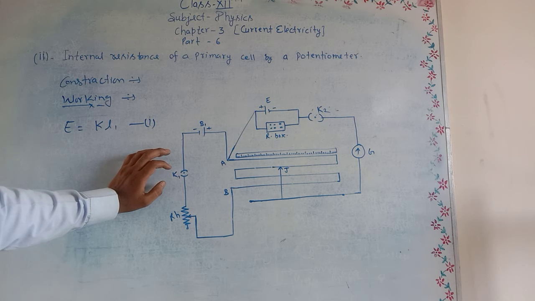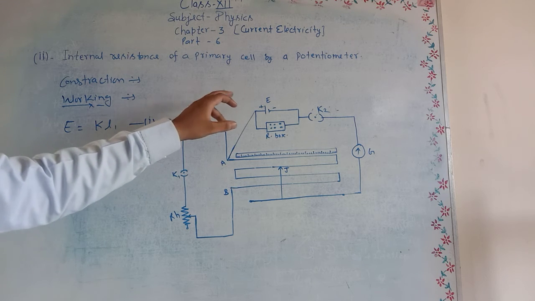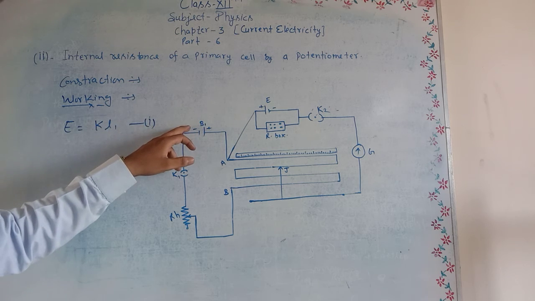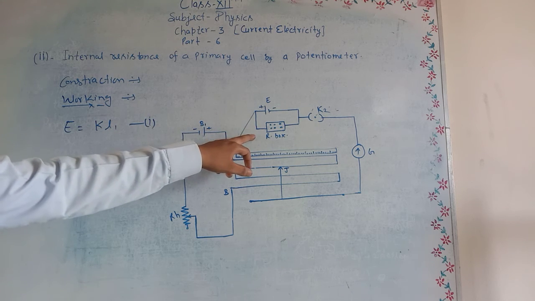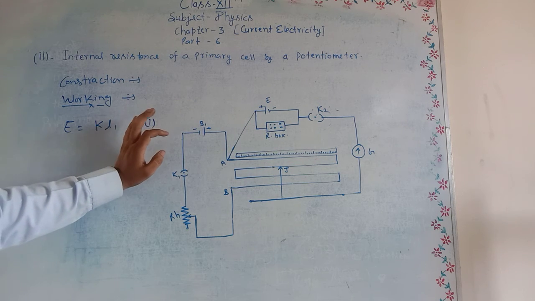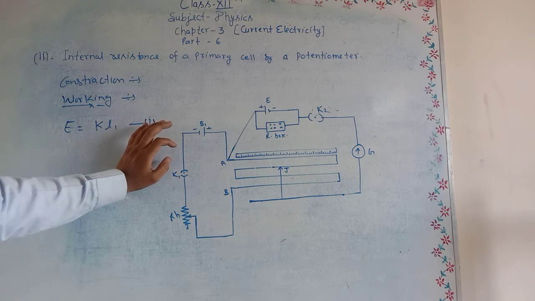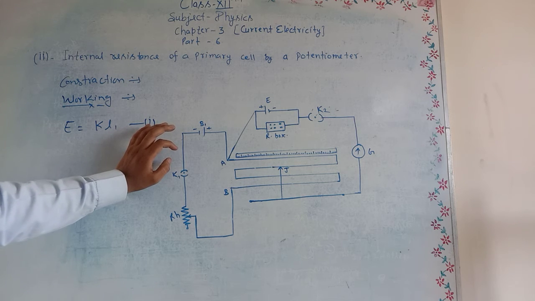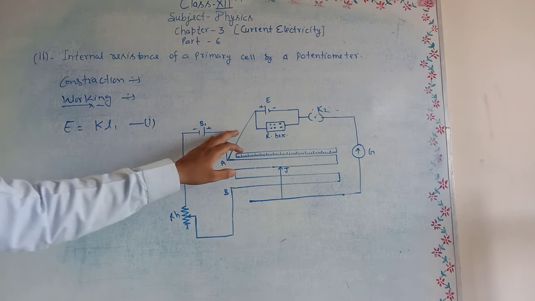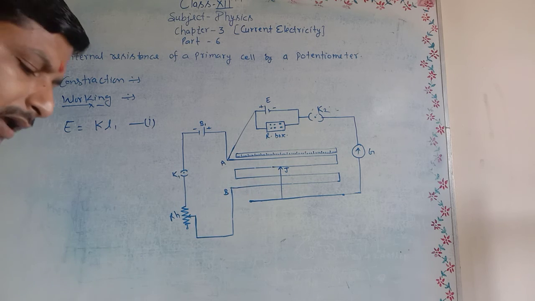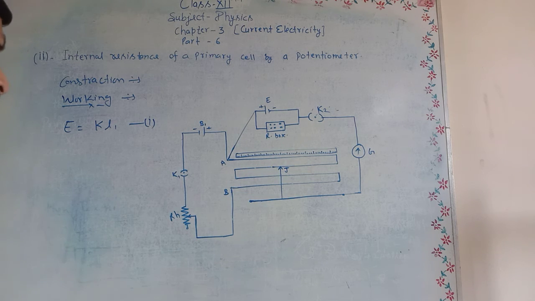Then with the help of resistance box RB introduce a resistance R and close key K2. Find the balancing point for the terminal potential difference V of the cell.